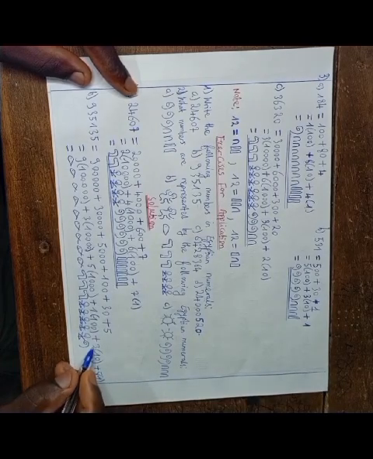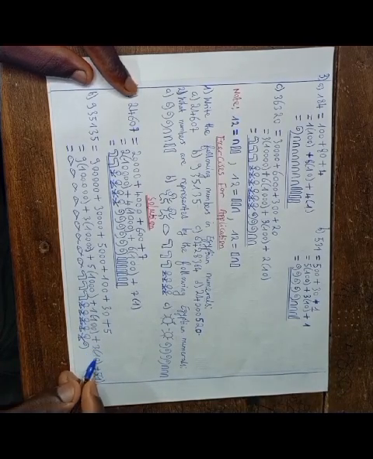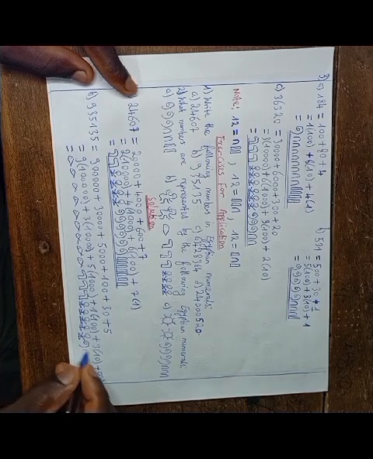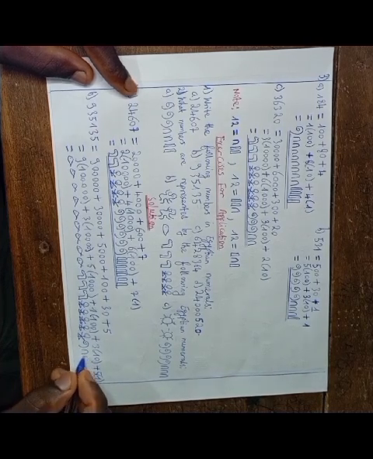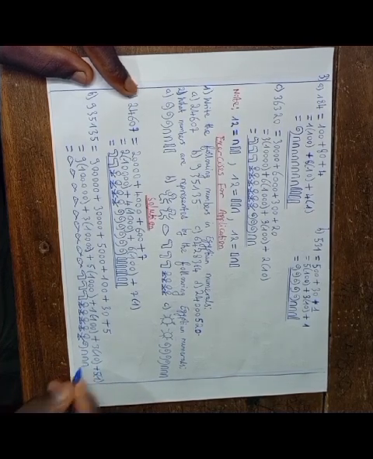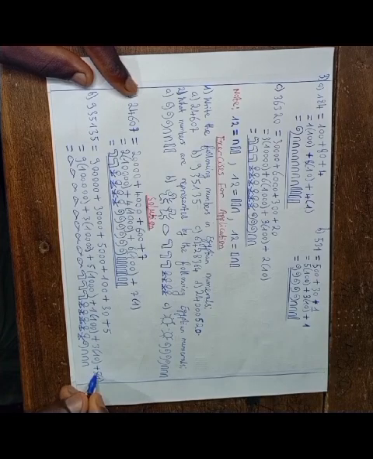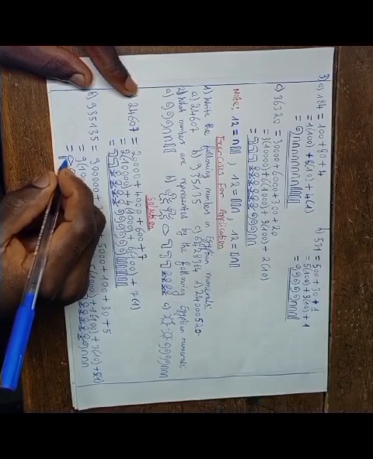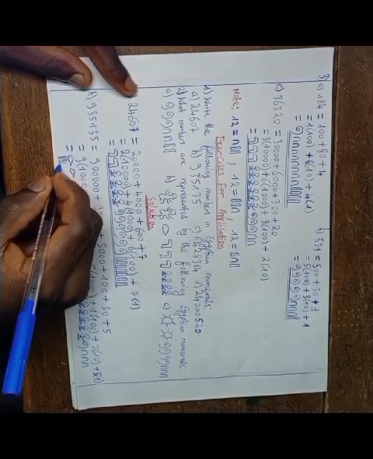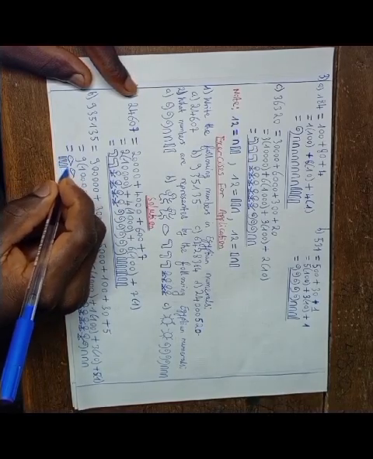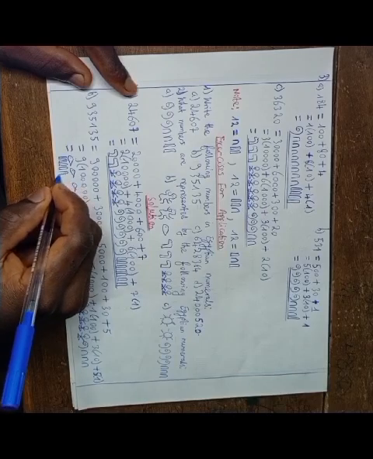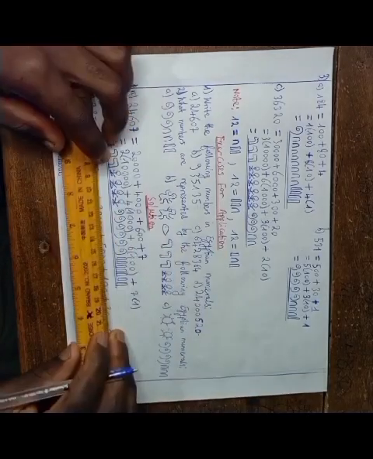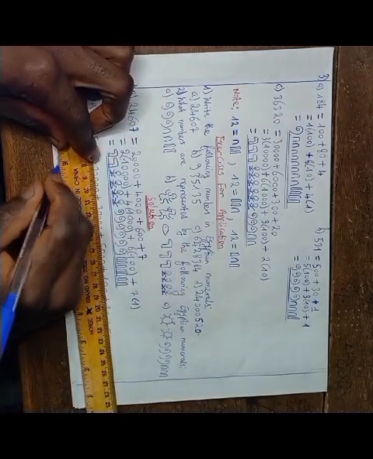Then 3 here simply means we have to write down 3 symbols for 10. 3 hell bones. And 5 here simply means we have to write down 5 symbols for 1. So 5 straight fingers. 1, 2, 3, 4, 5. We underline our answer. This is the answer.